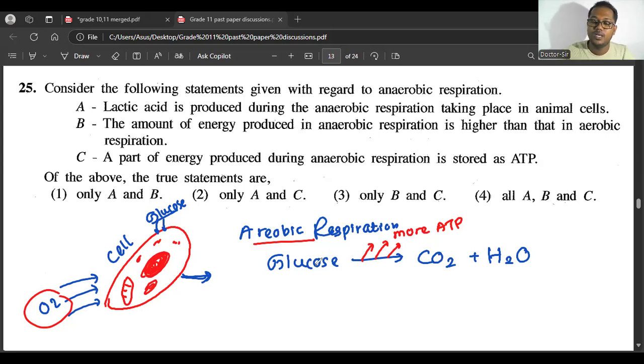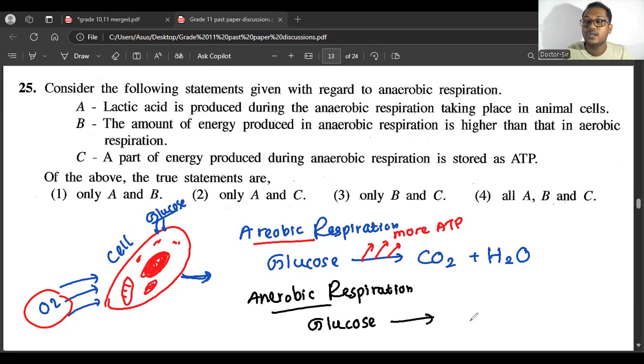At that time they will undergo anaerobic respiration. In anaerobic respiration, glucose will not be completely converted into CO2 and H2O. It will be converted to lactic acid. Okay, right.